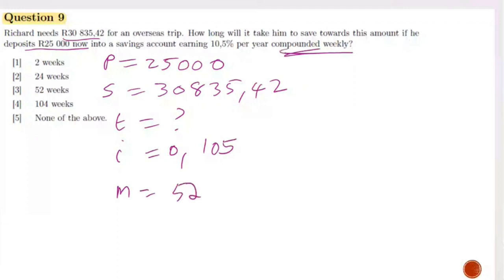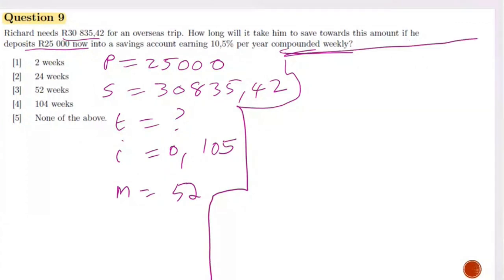You are told it's compounded, so you don't need to be stressing and worrying yourself. You are looking for T. The minute you see that you're looking for your T in a compound interest formula, you must know we are going to use logs. So your S is equal to P into 1 plus I over M to the power MT. What is your S? Your S is 30,835,42.